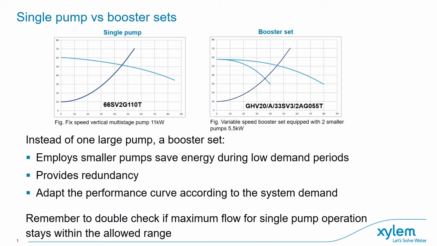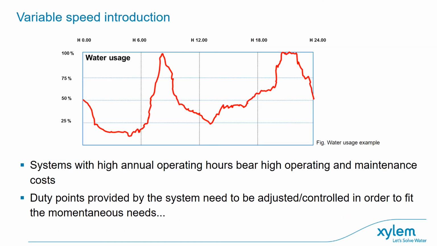And just remember to double check the maximum flow for the single pump operation to ensure that that stays within the performance curve of the best operating window of the pump. So again, if you do have a fixed speed pump, there is the risk when you get to that maximum demand with changing conditions, then you could possibly run into problems with cavitation or maybe the pump running off the end of the performance curve.